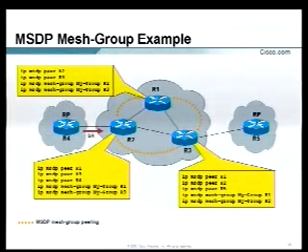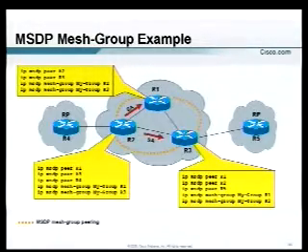So looking at it in this scenario, if router 4 in this case is outside of the mesh group, it sends an SA to router 2. Router 2 has mesh group peers router 1 and router 3. There could be 20 or so of these peers, but in this case there's just 3 to illustrate it simply. Router 2 will forward those SAs to its MSDP mesh group peers, but router 1 and router 3 will not forward them to one another because they know that they've already received them.